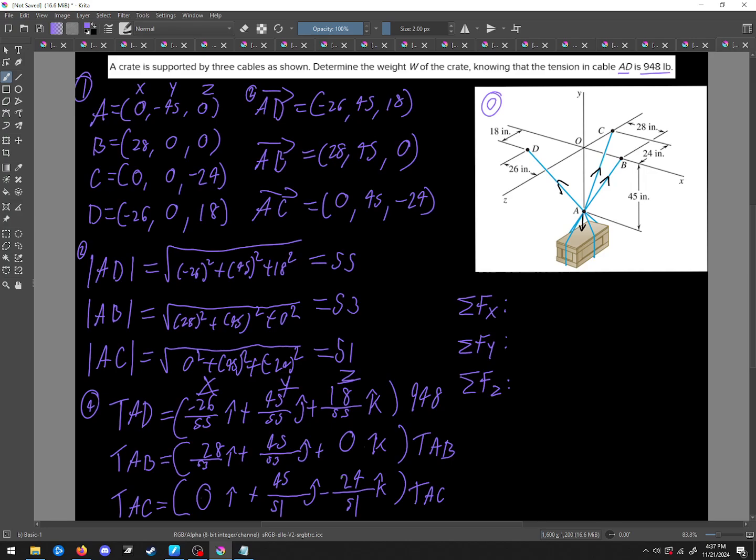So in X, we're going to have a negative 26 over 55 TAD. Now we know TAD, so we can immediately say that this is times 948.